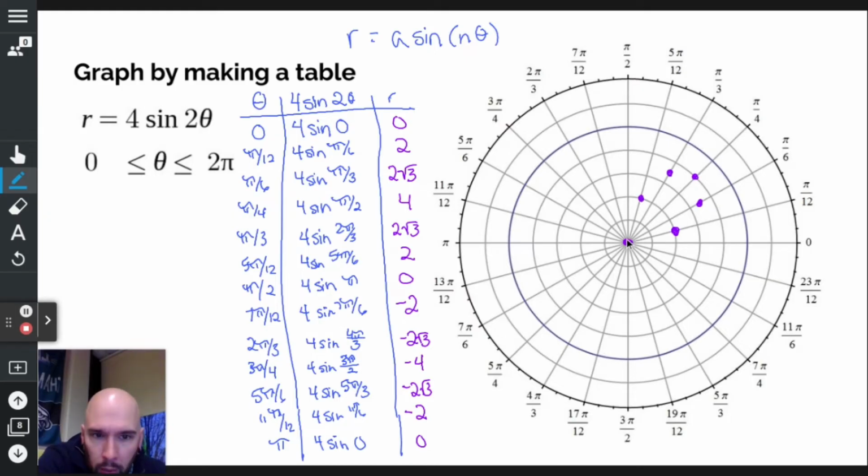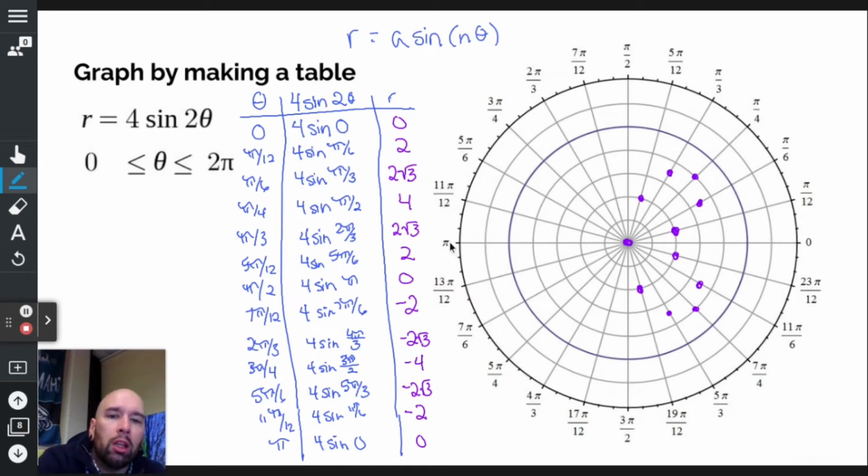Then we hit 0. And then we're at negative 2, so that's going to be here. And then negative 2 root 3 puts me around here. And then negative 4 is going to put me right around here. Negative 2 root 3 puts me around here. And then negative 2 puts me around here, and then back to 0.